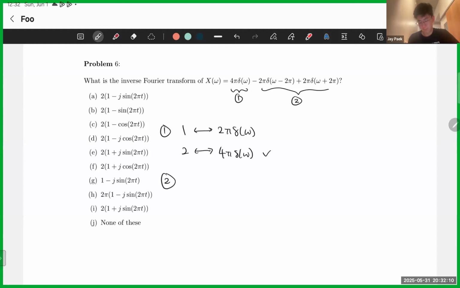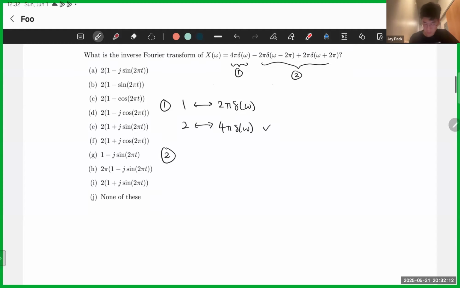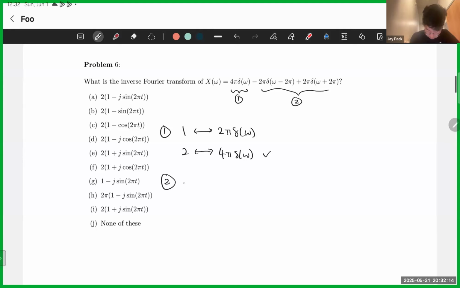This part, I'll factor out the negative, and I'll factor out the 2 pi as well, or I'll factor out the 2. And I want to work with the following.